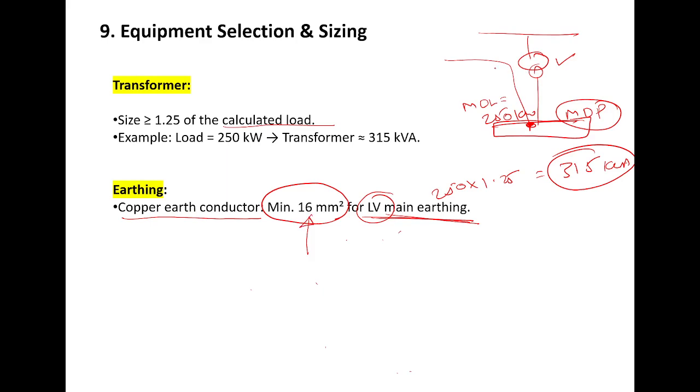What will be the size of strip? How many pits will there be? That is another calculation, whether there will be only one pit or a number of pits in the same circuit. So this is only for rule of thumb.